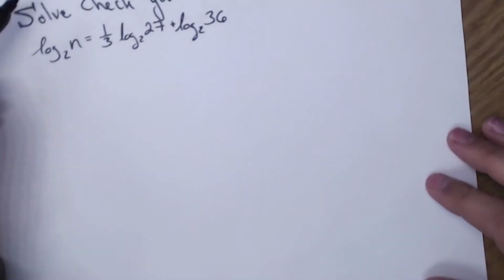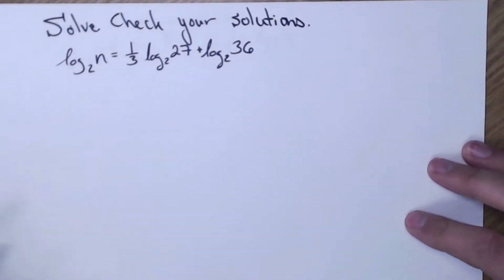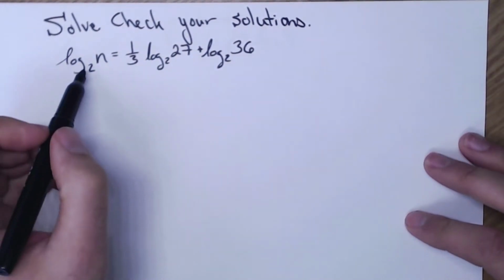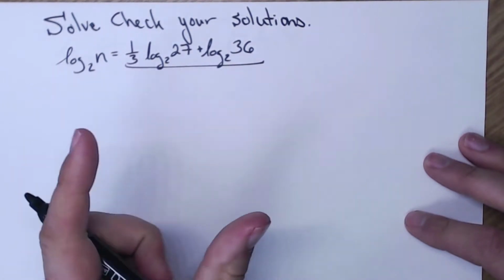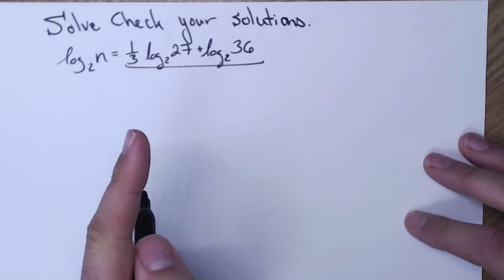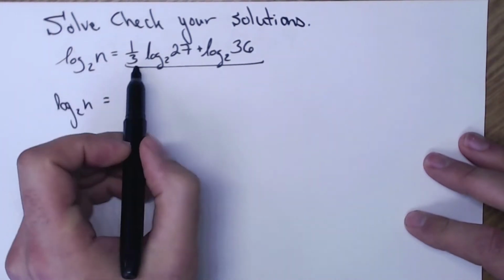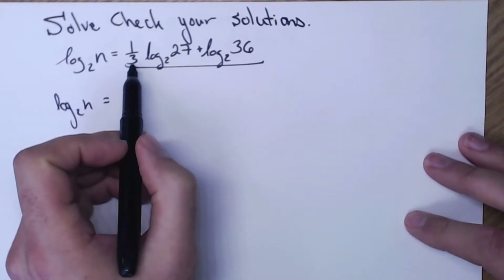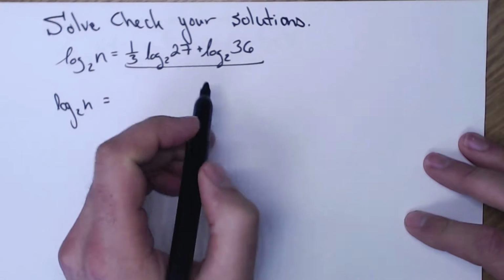Next one. This one's a lot more complicated. We're going to make sure we check our solutions at the end. I start off by noticing I have two logs on the right side. I'm going to do whatever I can to combine those down into one. Can't do anything with my left yet. This 1/3 out in front, I could do something with that, because it could become an exponent on the stuff inside my log.